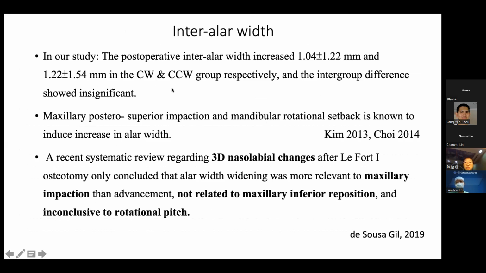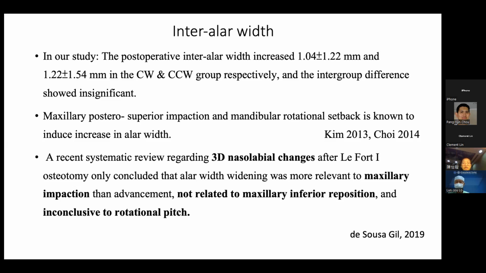And in the interalar width, in our study, the post-op interalar width only increased 1.4 millimeter and 1.22 millimeter in the clockwise and counterclockwise group respectively. And there's no significance between groups. And previous studies also show that only maxillary posterior superior impaction and mandibular rotation might increase the alar width.